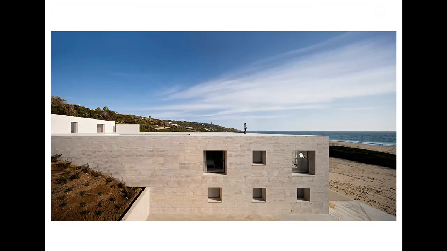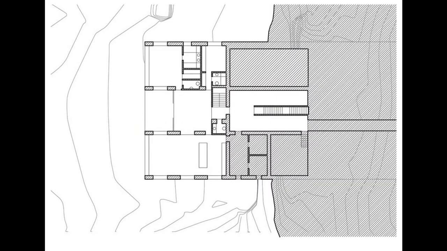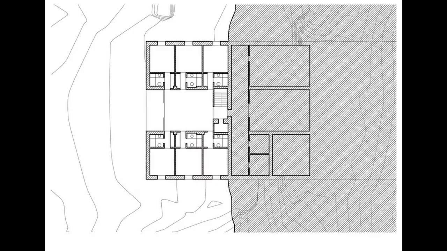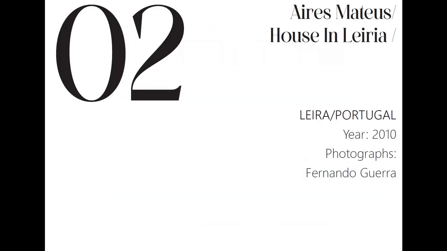Let's continue with another one, which is not a cube but a cuboid form, with a typical house form. Let's continue with a house from next to Spain, from Portugal, from Leiria.